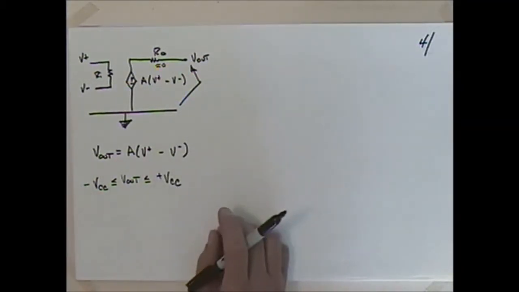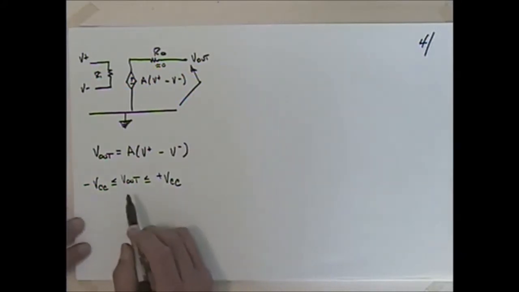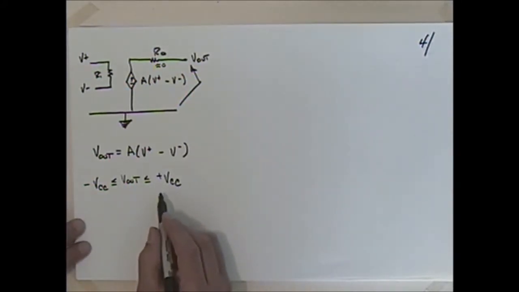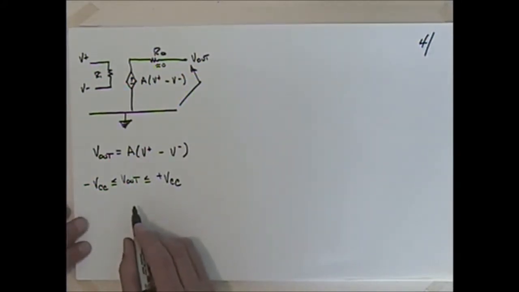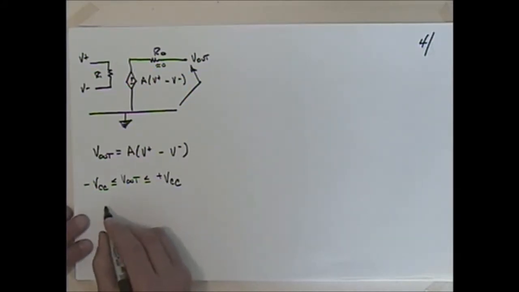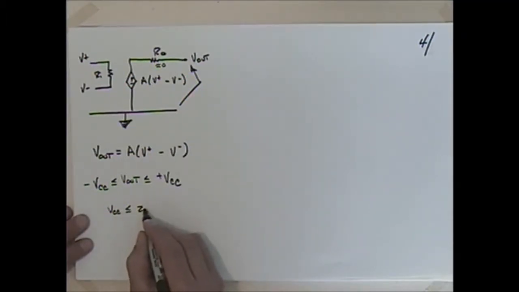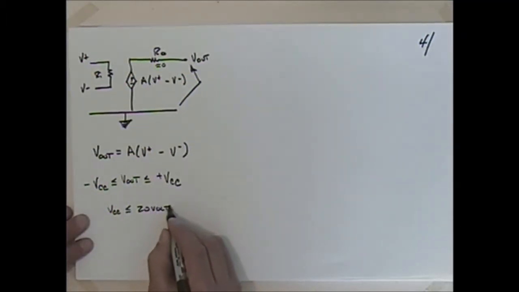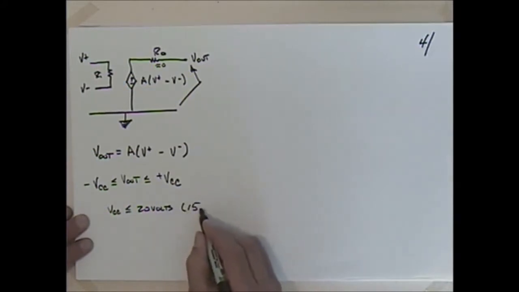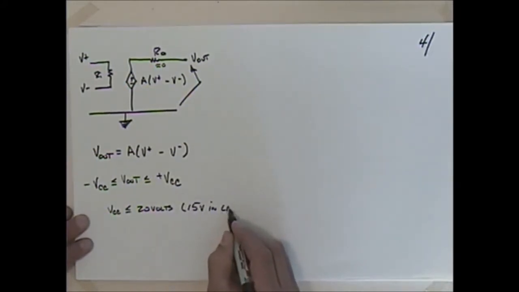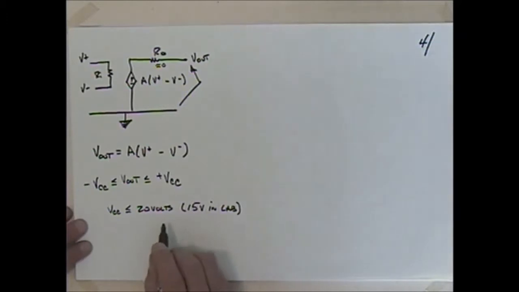We're going to increase the input signal, but we can't increase it beyond the magnitude of the voltage that we're putting into it. So VCC is usually somewhere less than or equal to 20 volts. We're actually going to use 15 volts in lab, and that's probably more common.